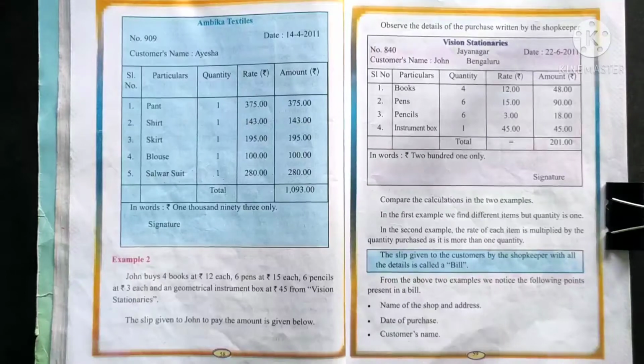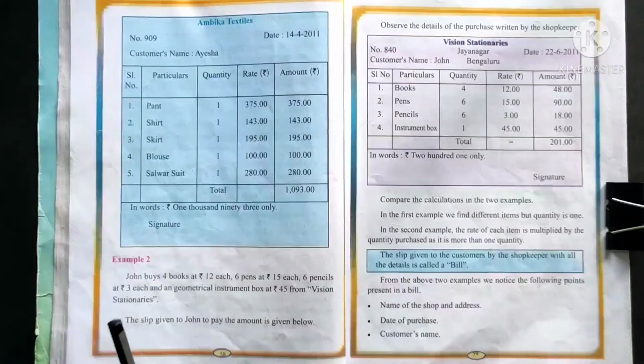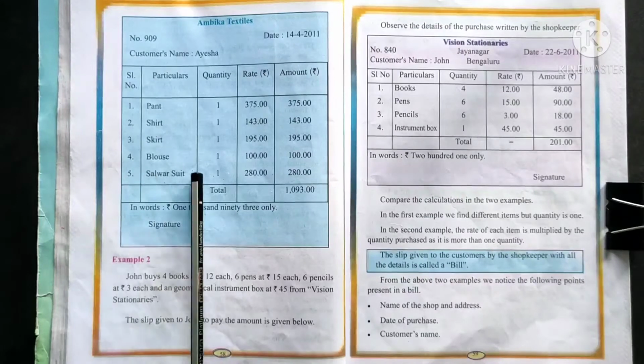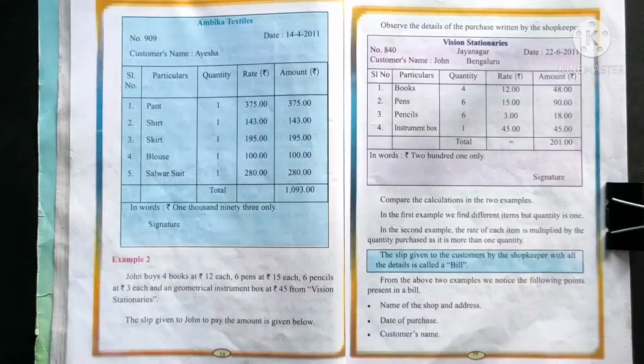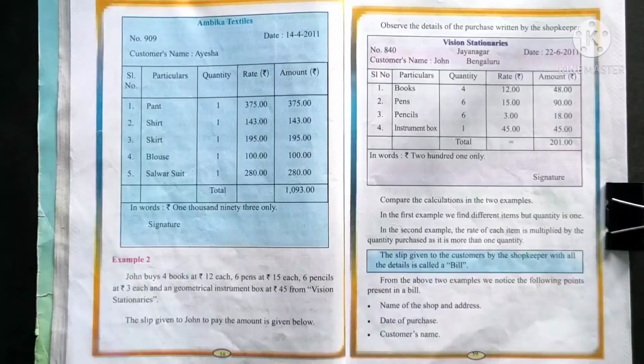If you have to return anything or if you have to refund anything, you need to keep this bill with you. If the items purchased by Aisha don't fit her, she can show this bill and she can exchange these items, or she can even ask for refund of these items. Only if she has this bill she can do all these things.